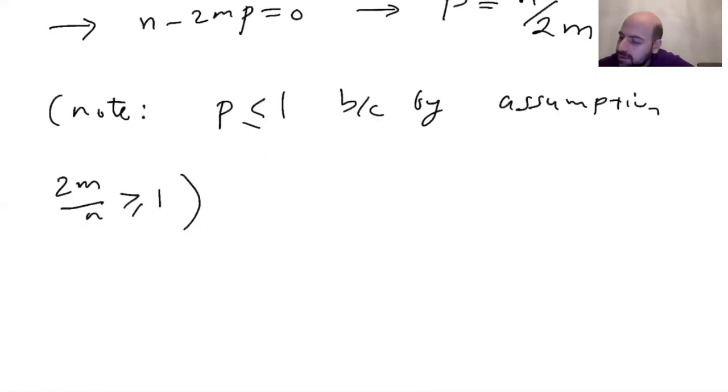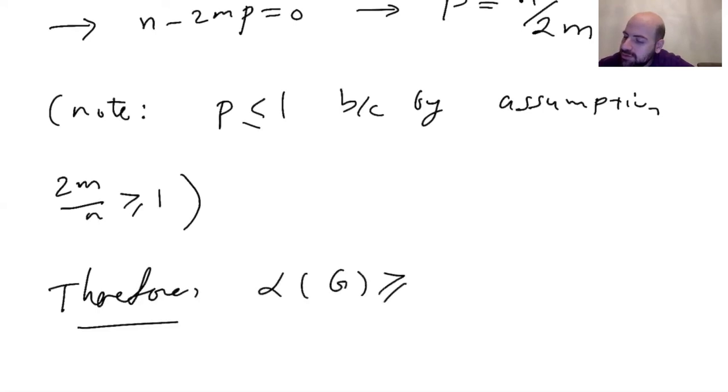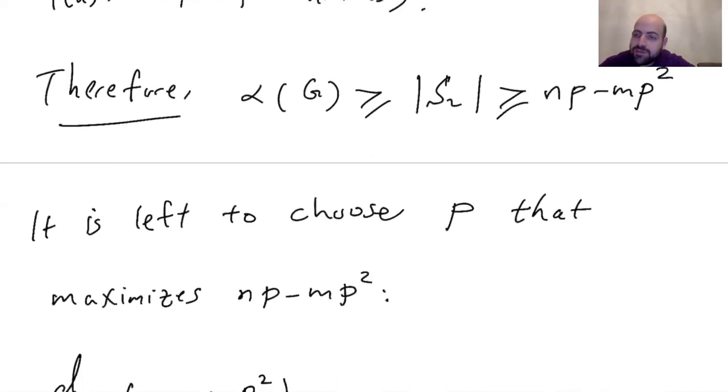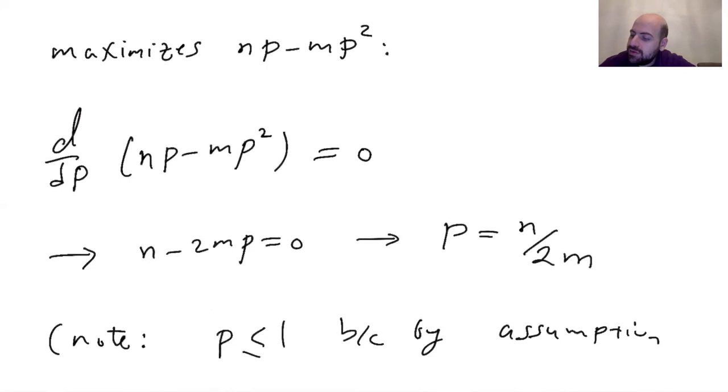Okay, so that means alpha of G is bigger than or equal to, well, it was NP minus NP squared. I just established that the P value that maximizes this lower bound NP minus NP squared is N over 2M.